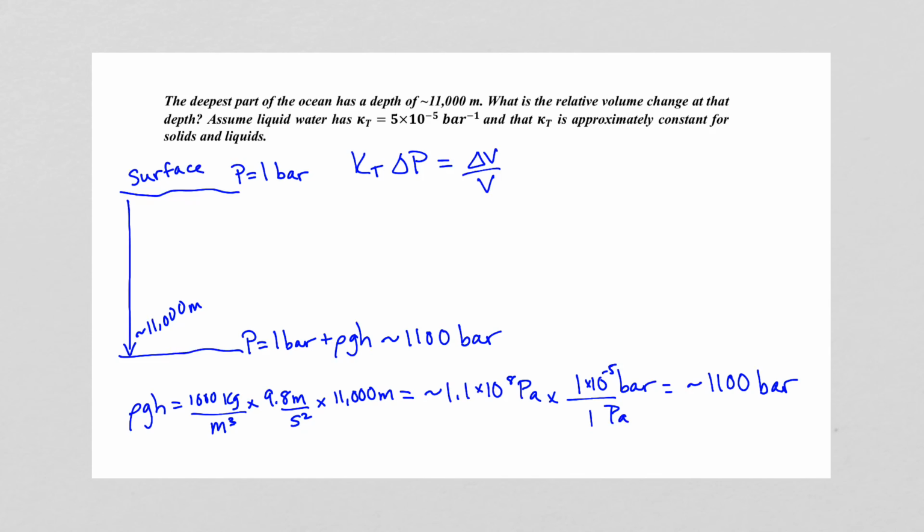All right, so now we are ready to plug everything into our expression. Remember, we are looking for our relative change in volume here. So we're going to plug in our kappa T, 5 times 10 to the minus 5 per bar, times our delta P. We've got P final of 1,100 bar minus 1 bar, which is still about 1,100 bar as far as our precision is concerned.